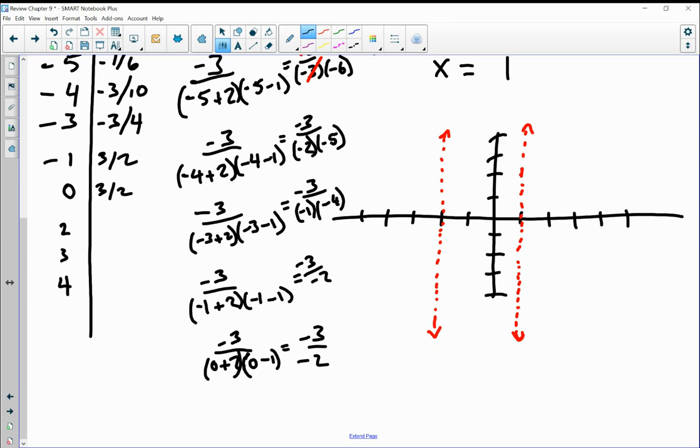I'm looking ahead. Those 2 points in the middle there, they're both giving us 3/2. So we might have to do some additional points getting closer to the vertical asymptotes to figure out which way it's going to go. Right now they're both at 3/2. So -1, 3/2 and 0, 3/2, they're both at the same horizontal.